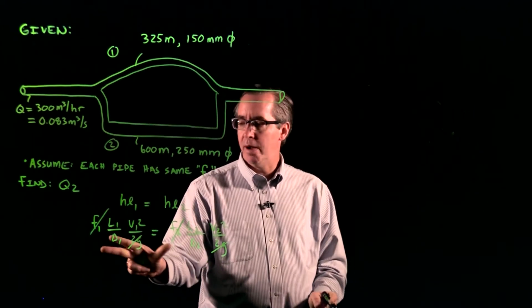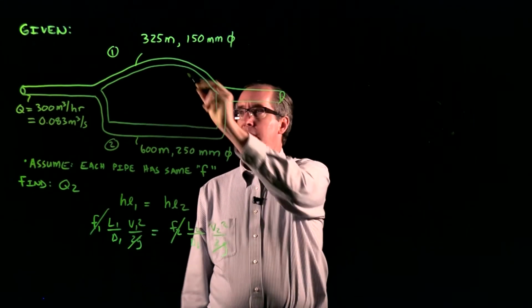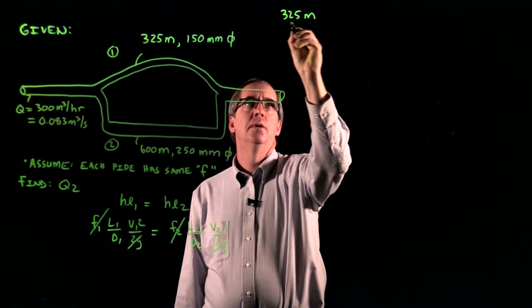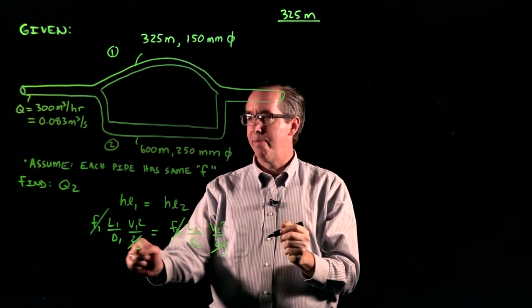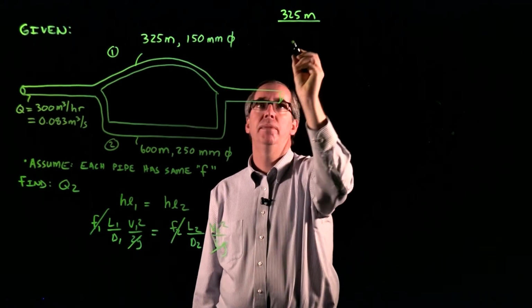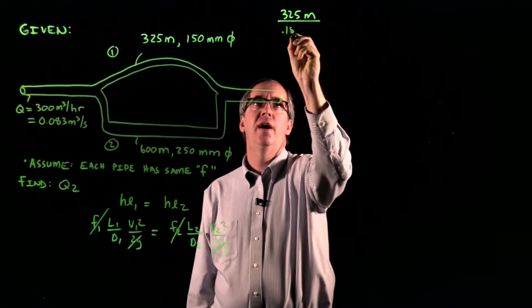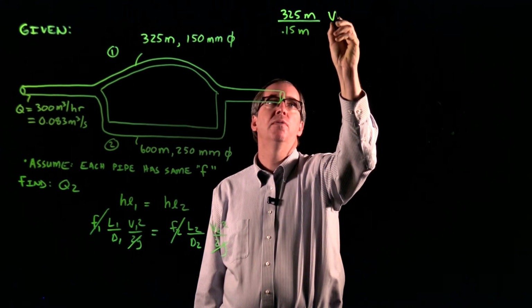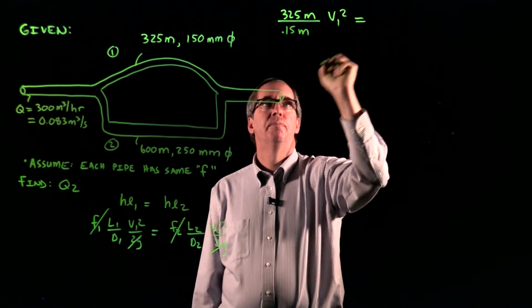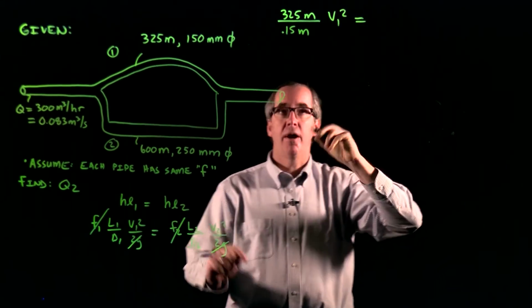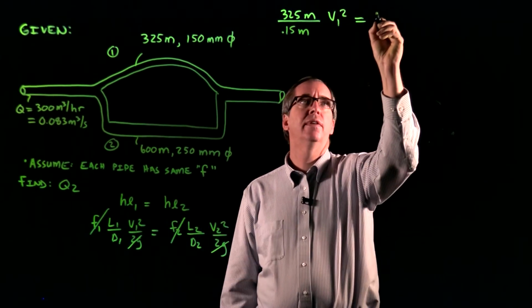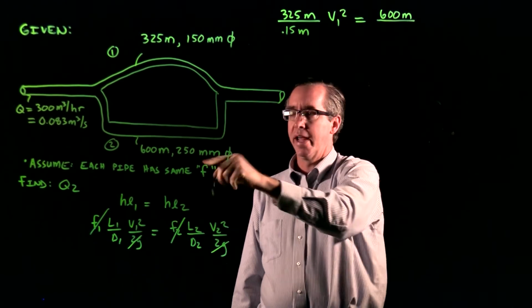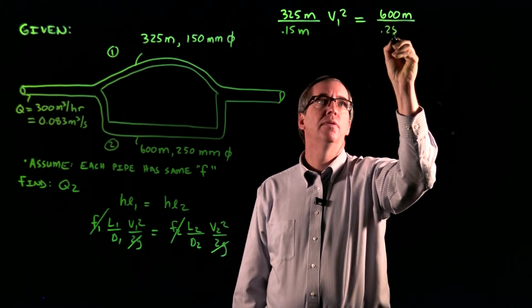Now, working at this equation, the length of pipe 1 is 325 meters. The diameter of pipe 1 is 150 millimeters, which is equal to 0.15 meters. And then we would have V1 squared for that term. On the right-hand side, we have a 600 meter long pipe. The diameter is 0.25 meters.